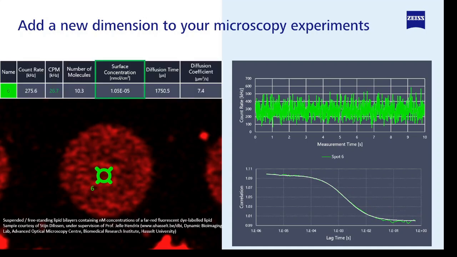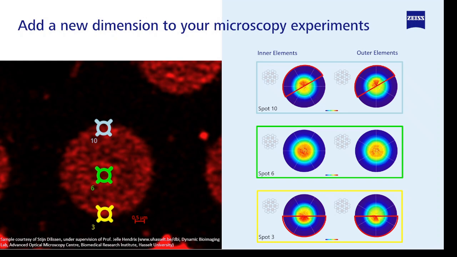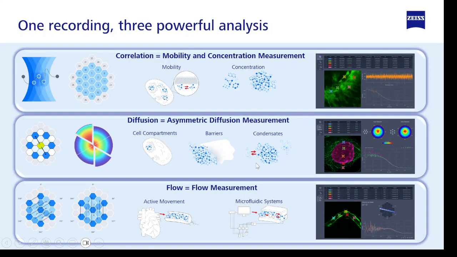And from the Dynamic Profiler, after fitting, we can get the concentration and diffusion coefficient. And in the asymmetric diffusion measurement, you can study the different molecular behavior at different positions.